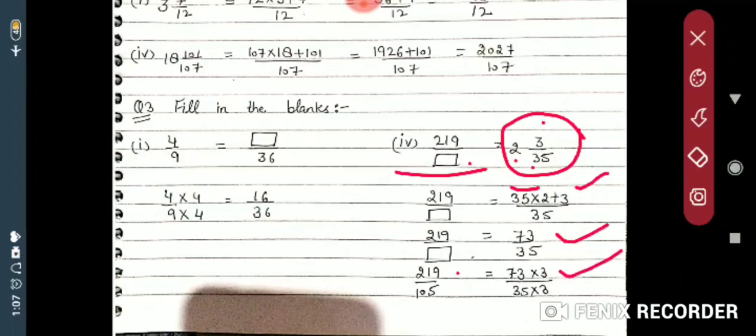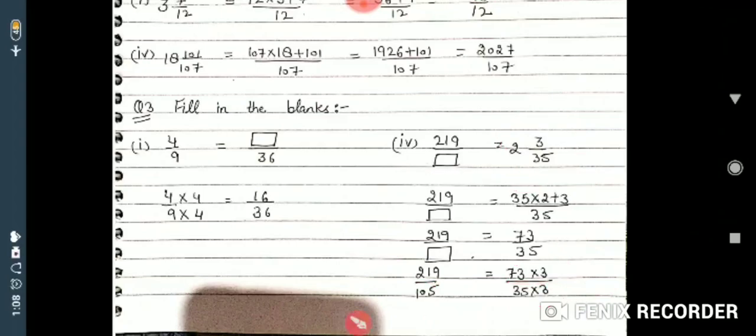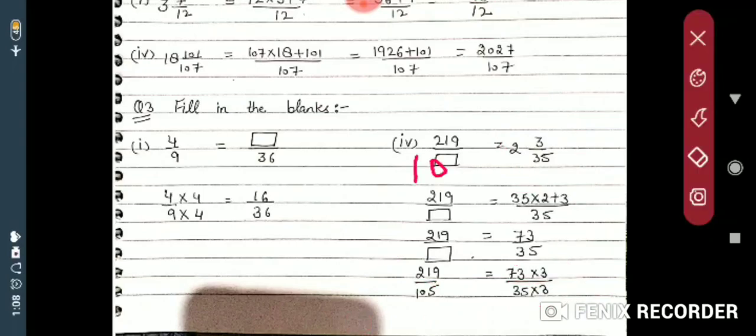As the upper part is given, what is concluded here is that if you multiply 73 by 3, you will get 219. Similarly, when you have multiplied the numerator by 3, you have to multiply the denominator also by 3. So you will multiply 35 by 3 and you will get 105. So what will come in the fill up? 105, and here 16.